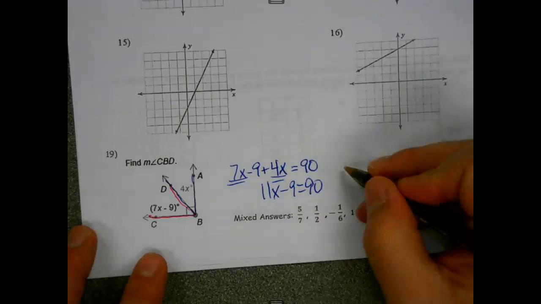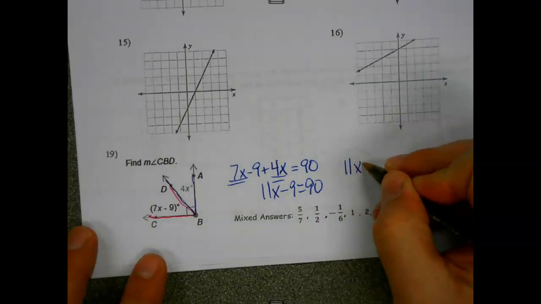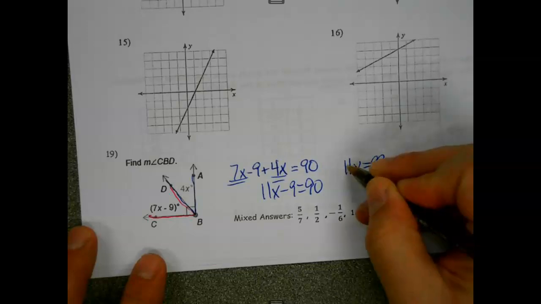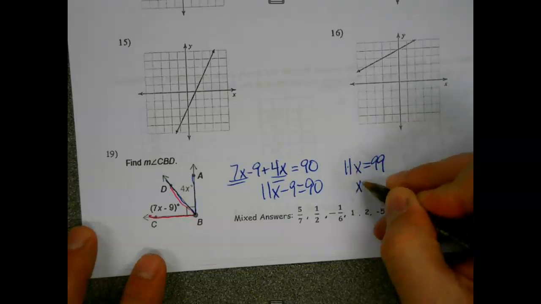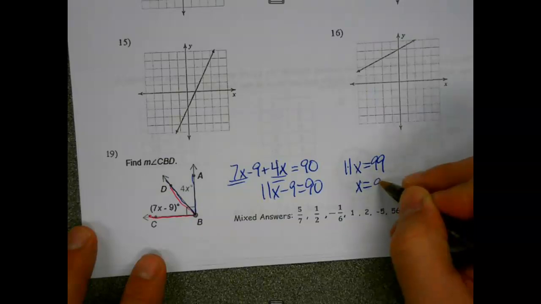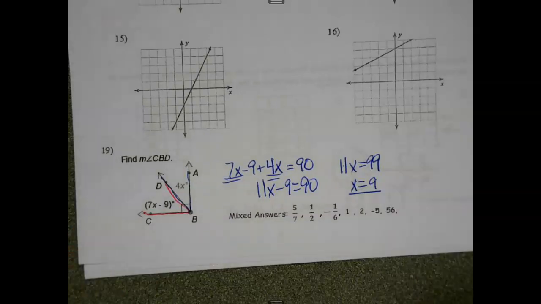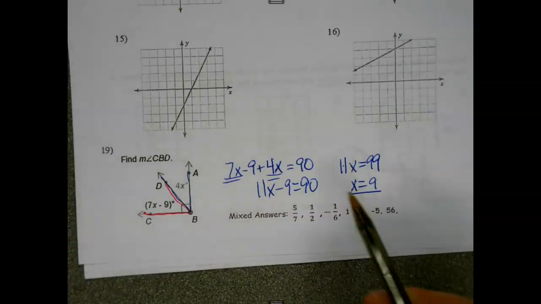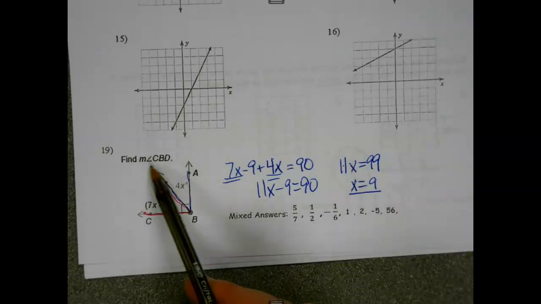Add that 9 over. Divide by 11. Okay. So x is 9, but that's not the answer. Because at first I started looking at my answers, I'm like, what the heck, Hardy? 9 is not in the answers, but that's not what it's asking for.